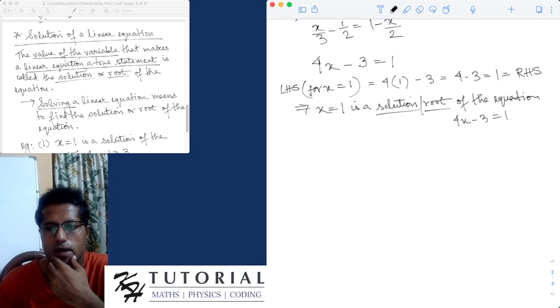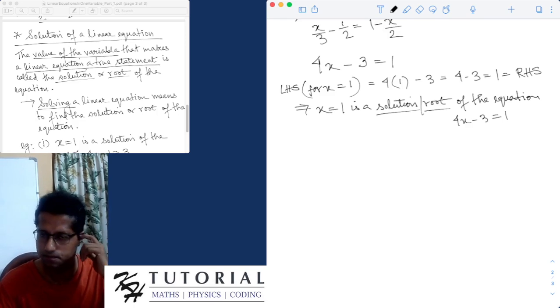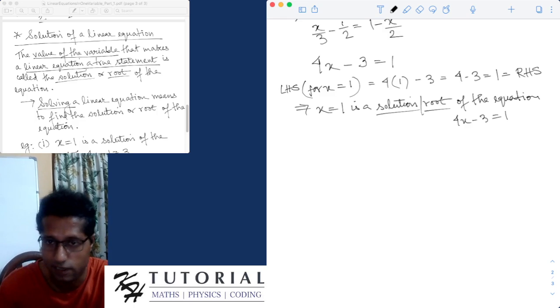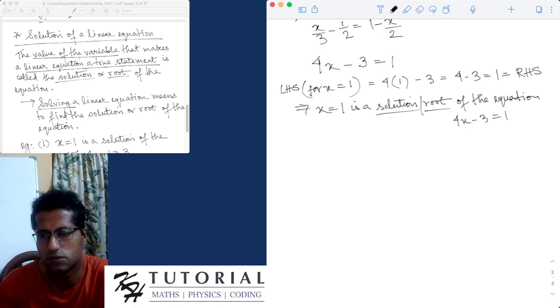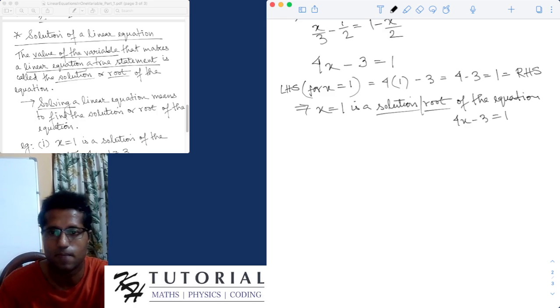Now, for a linear equation in one variable, there will only be one value of the variable that will satisfy the equation. There cannot be more than one value of the variable that will satisfy the linear equation. Keep this in mind.